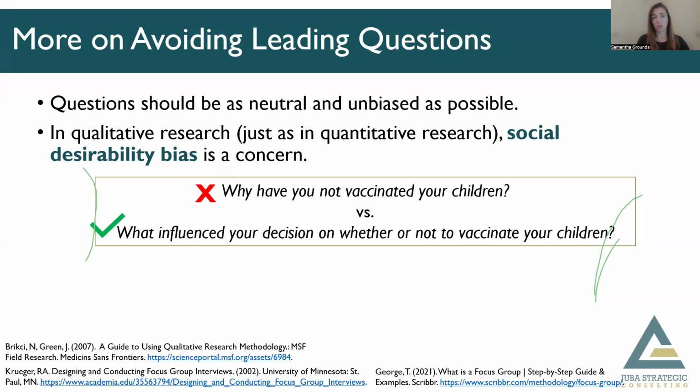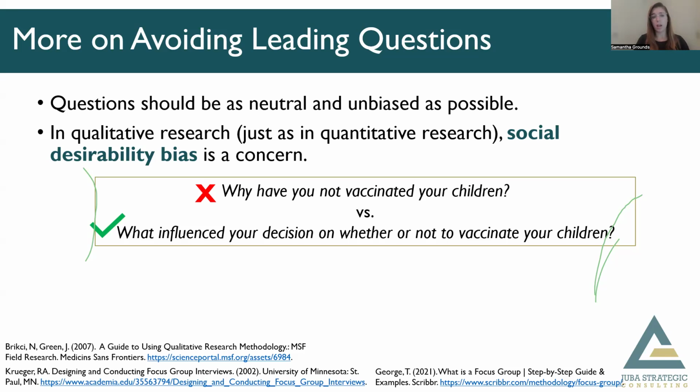So the first question is, why have you not vaccinated your children? Say, for example, you're conducting an in-depth interview with a mother and are exploring health practices and health behaviors, and the mother mentions that the children did not receive their vaccines.